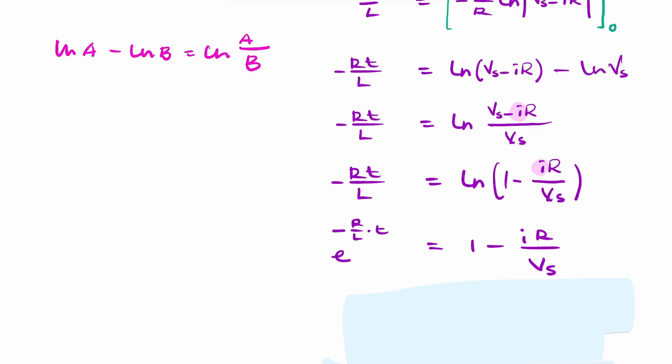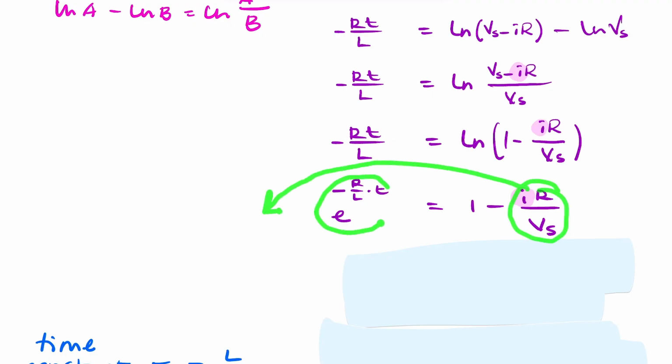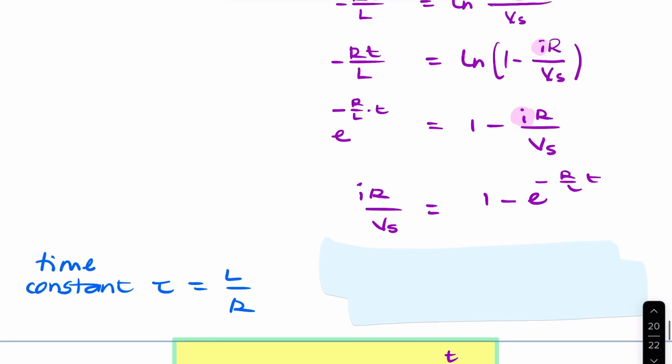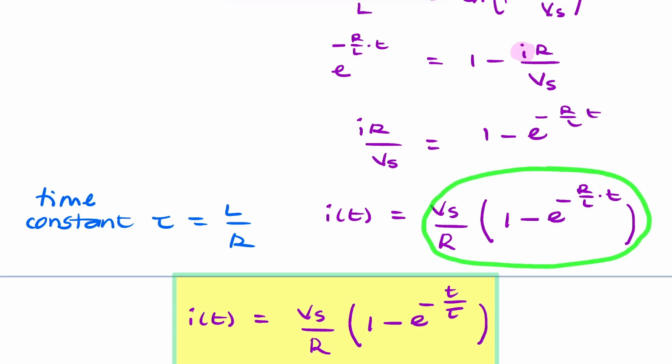So we've almost arrived at our familiar expression. So remember, we're after I. So let's switch sides. Let's move this to that side and this to that side. And then you just multiply by Vs over R, and you end up with this expression here.